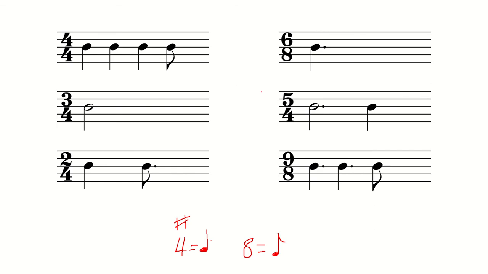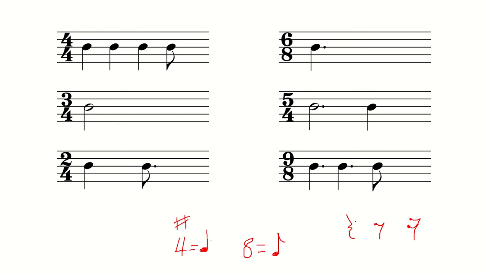Before we go on, our rest types: we have a crotchet rest, which looks a bit like this. We have a quaver rest, which looks a bit like this. And then we also have our semiquavers, and double.